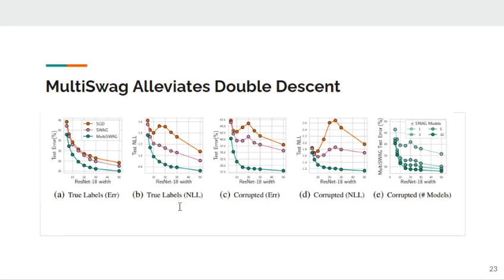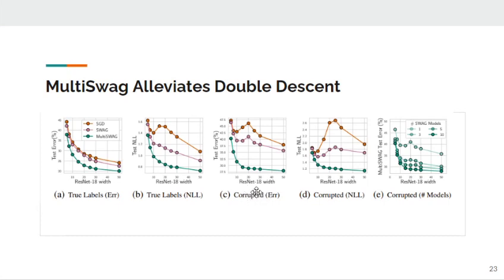Section B shows negative likelihood loss with true labels, with varying width on CIFAR-100. Section C shows test error when 20% of the labels are randomly reshuffled to add some noise.